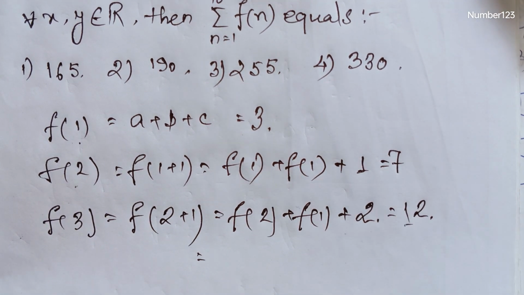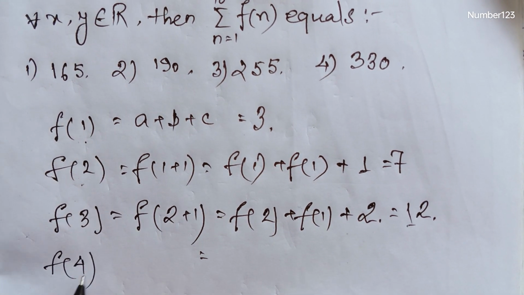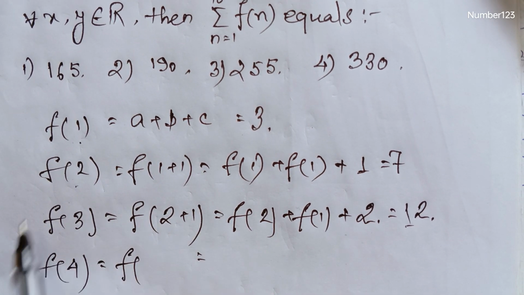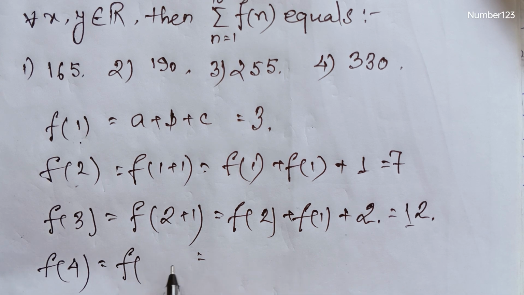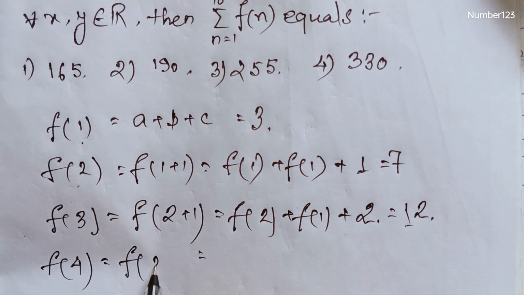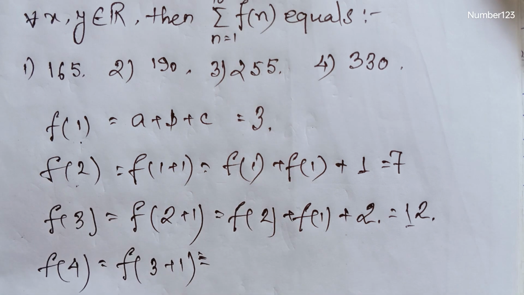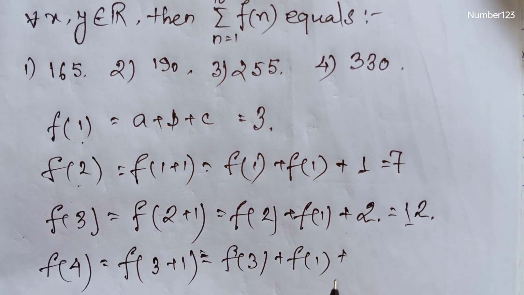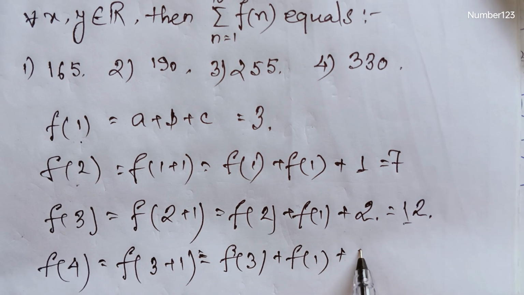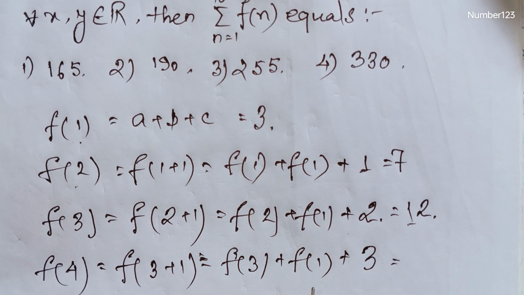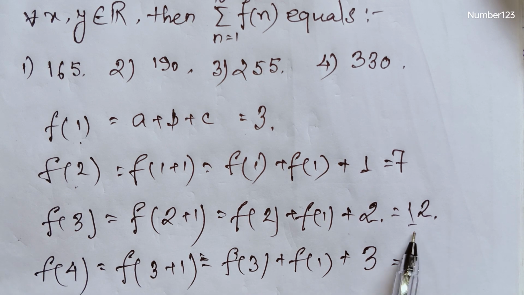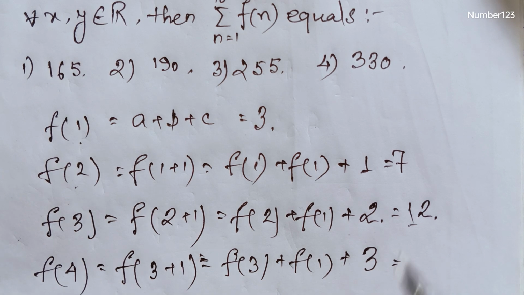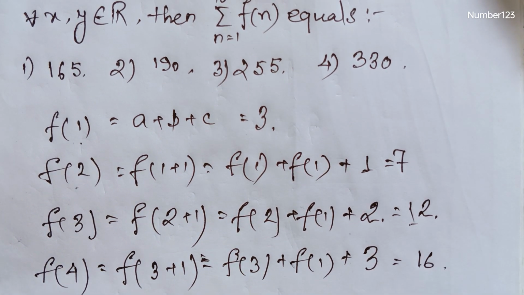Okay, done. Next f(4). f(4) we can write as 3 + 1 or 2 + 2. If we write 3 + 1, so f(3) + f(1) + xy means 3. Now f(3) equal to 12, plus 1 is 13, plus 3 is 16. Done.